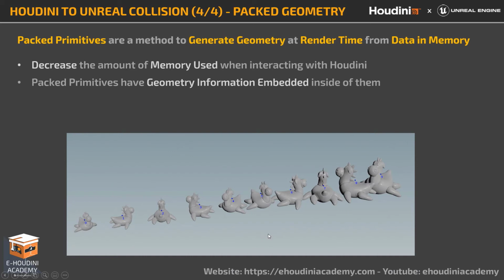But this does mean that a packed primitive, while it's a lightweight reference, cannot actually be edited. You cannot edit the contents of a packed primitive. You can read them out, you can raycast to them, you can find their location, and you can even expose some of their attributes.